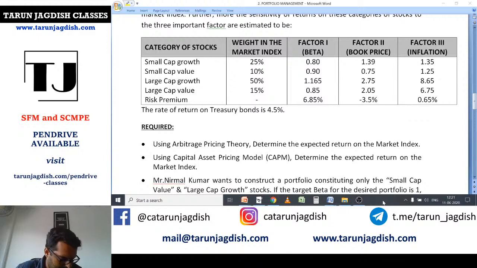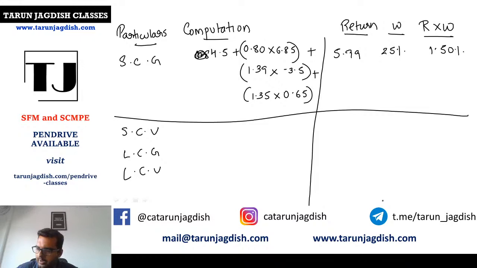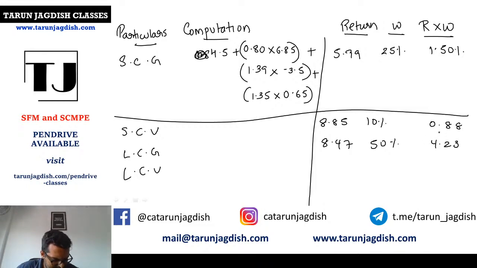I'll give the final answer on the board. Badri Narayan, please give me the remaining also. Okay. I'll just write down by coming over here. So the second one you got the number as 8.85 here. 10 percentage, that is 0.88. Third one you got 8.47. 50 percentage, so you get 4.23. So last one is 7.54 and the weight is 15 percentage, that is 1.13.